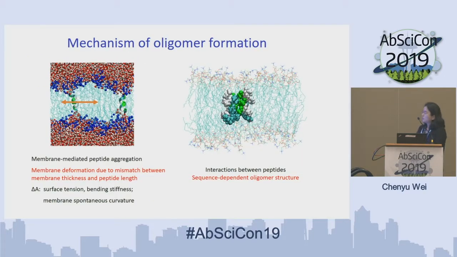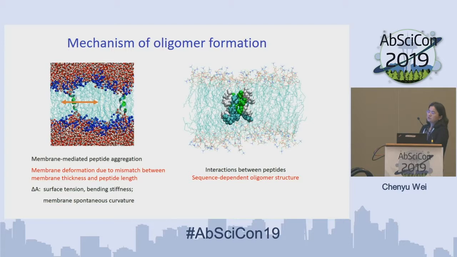So if we want to try to understand a little bit about how this oligomer is formed, what's the mechanism for the formation of the oligomer? Quantitatively, there are two steps. On the left side, you can see two peptides inserted in the membrane, and each of them can cause local membrane deformation.